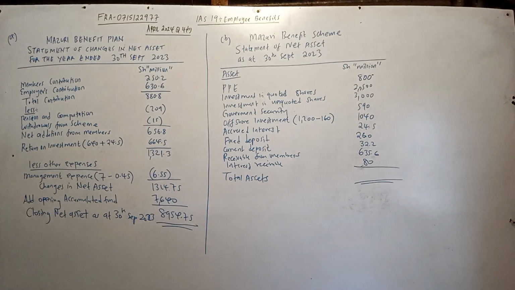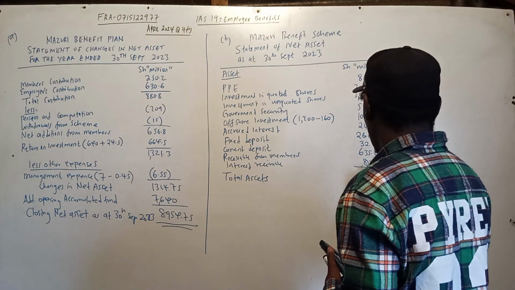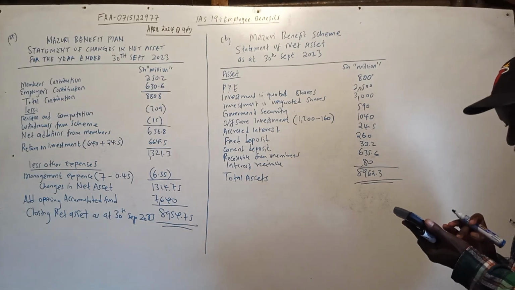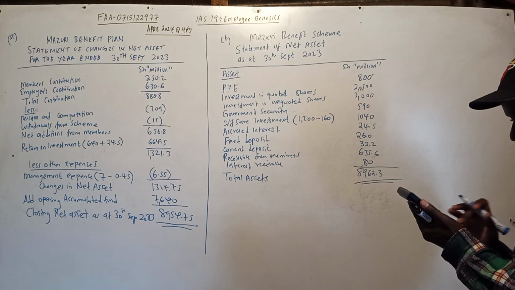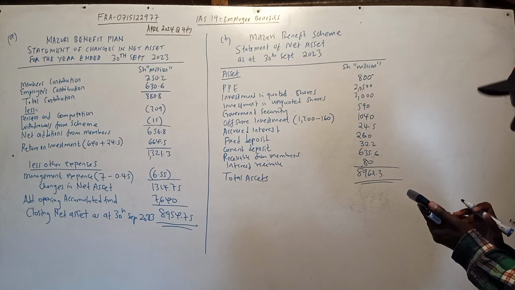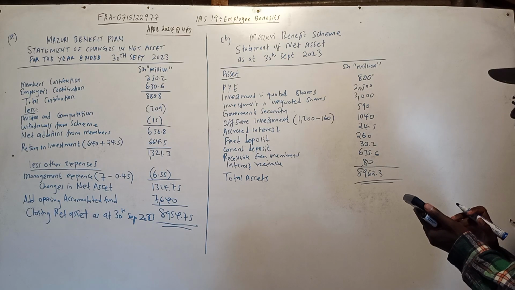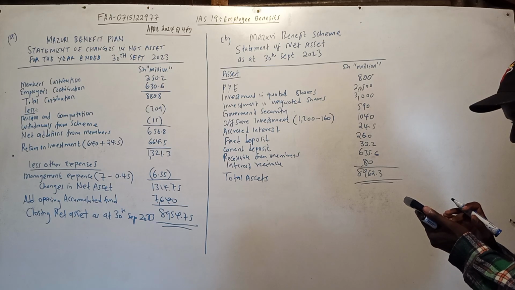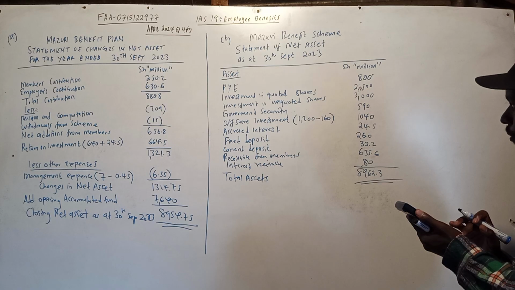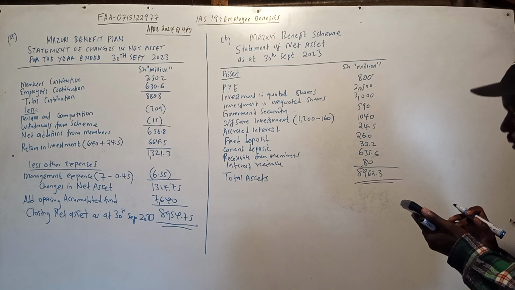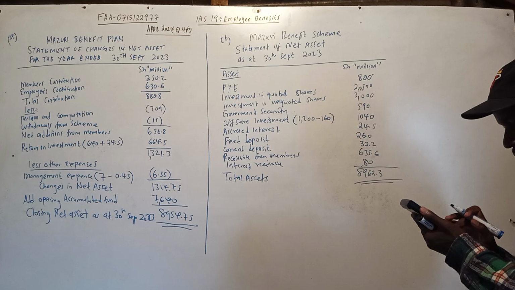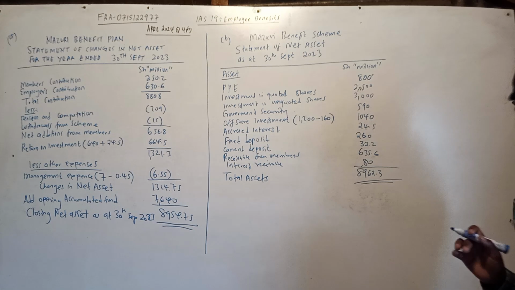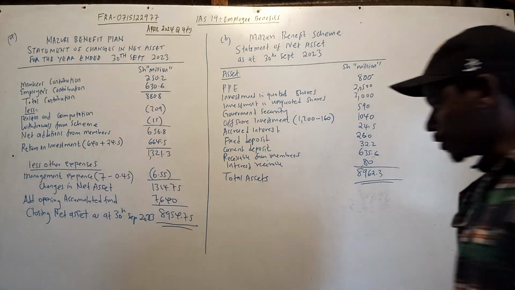It's supposed to be 8962.3. Let us see: 800 plus 2500 plus 3000 plus 590 plus 1040 plus 24.5 plus 260 plus 32.2 plus 635.6 plus 80. So 8962.3, correct. And now we are supposed to less liabilities.